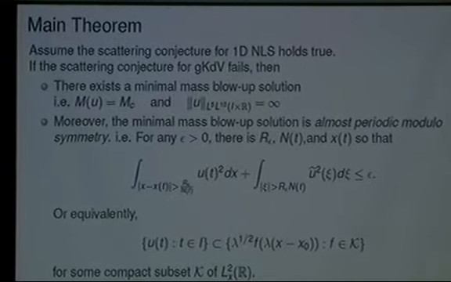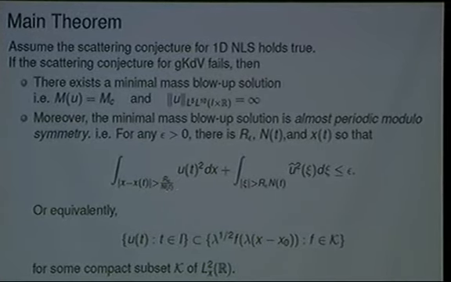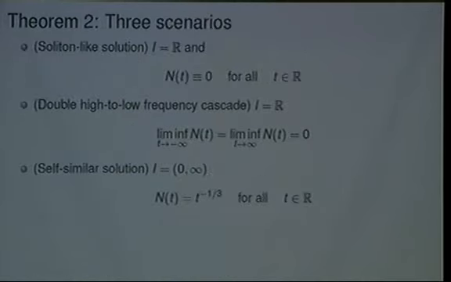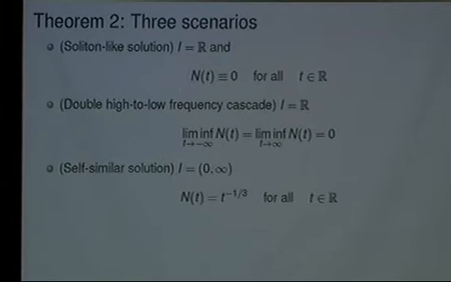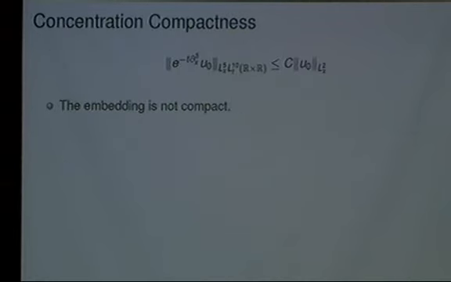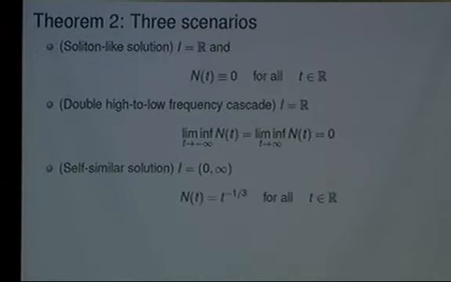In this quantitative form of almost periodicity, we have a frequency scale function and we have a position function. Then we have some scenarios for the frequency scale function. The frequency scale function could be constantly 1, which means it is localized in space. This is called the soliton-like solution.